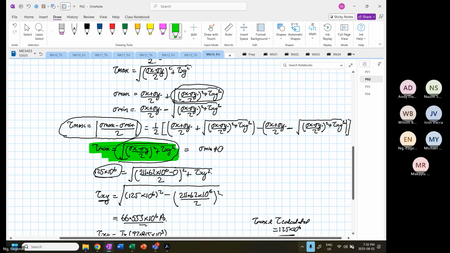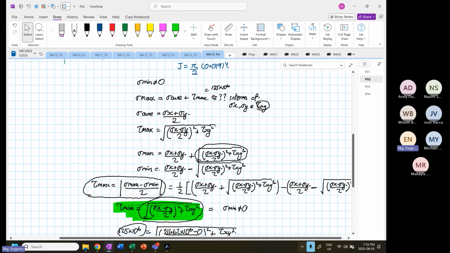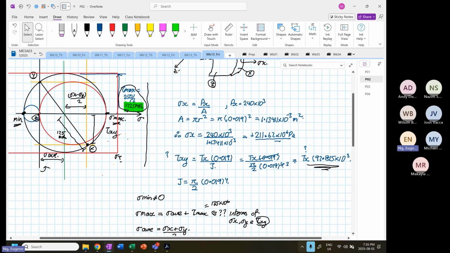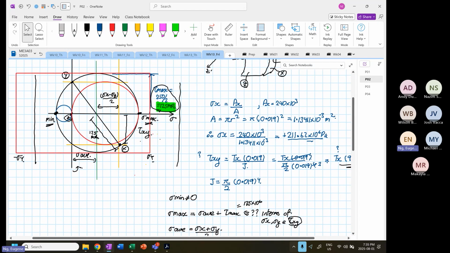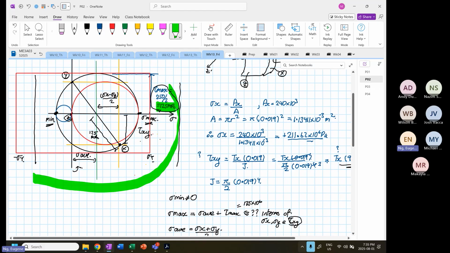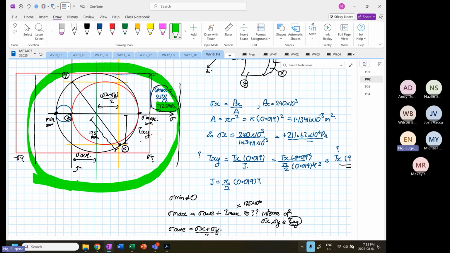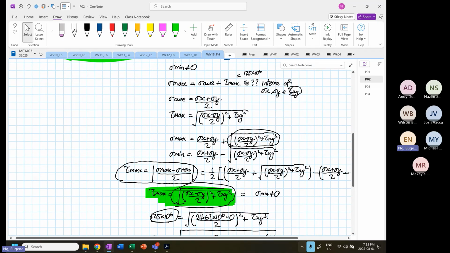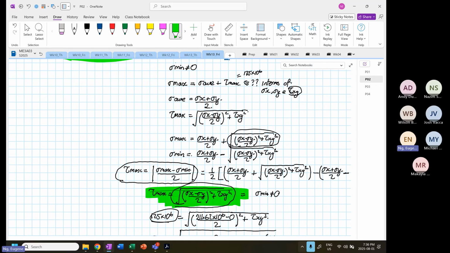If you don't memorize, like what you see me do, just draw the circle and derive it. But in the exam, you have to draw the 3D Mohr circle to show me that stress mean is not equal to 0. Only after you show me that stress mean is not equal to 0 can you use this formula. I don't know why you would use this formula and not the other.